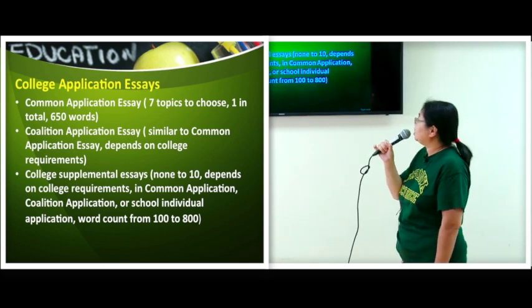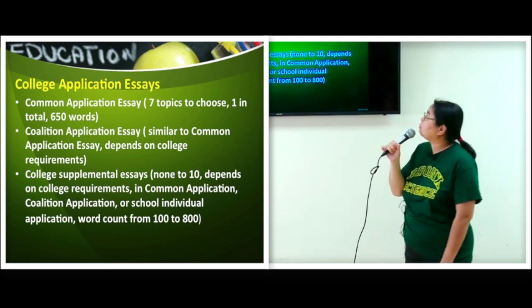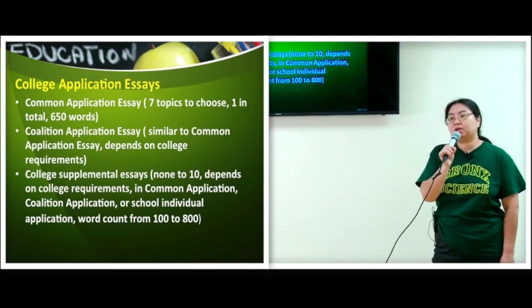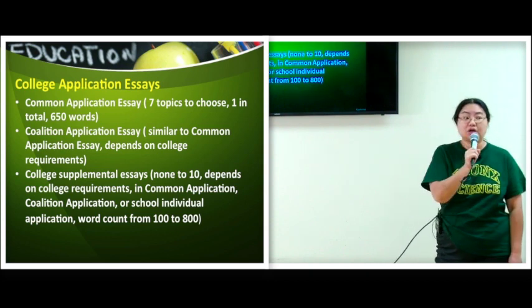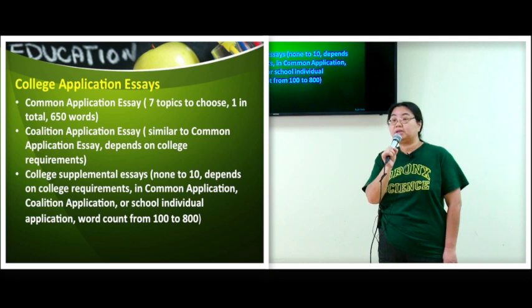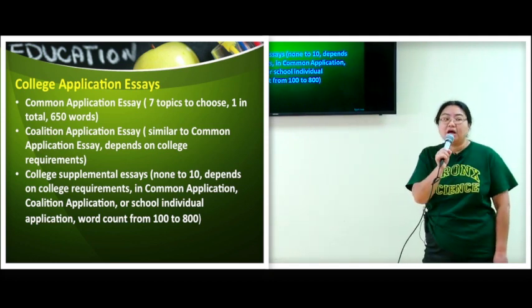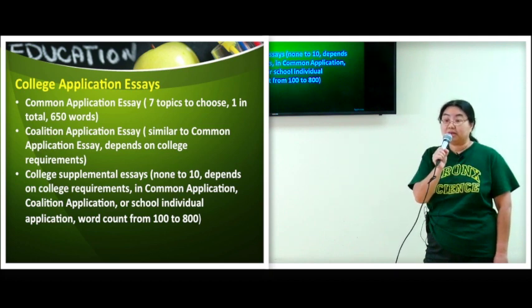There's another very popular application called the Coalition Application. Many other colleges don't use Common App, but they do use Coalition. Some schools use both. For our school, Brown Science students, we encourage students to use Common App as much as possible because it's linked to our Naviance.